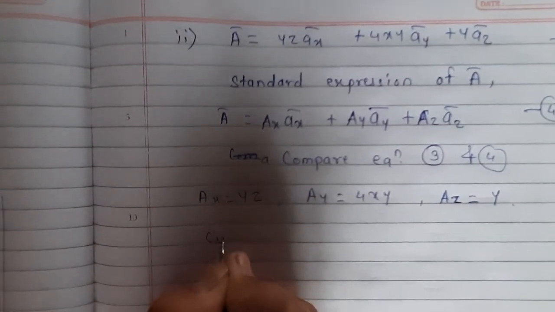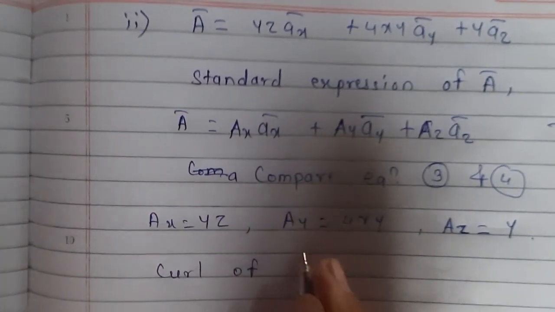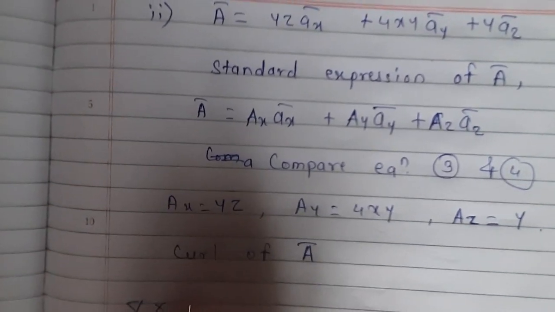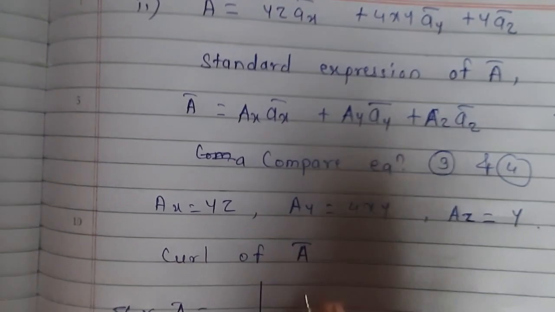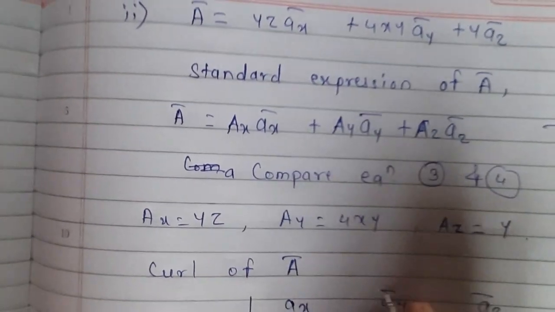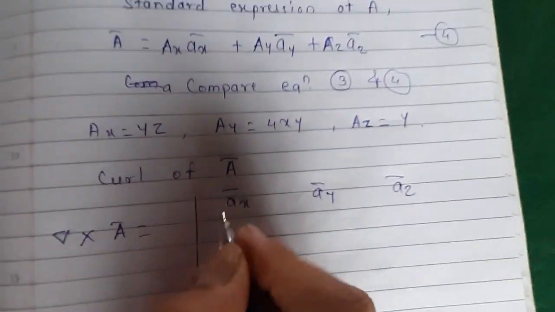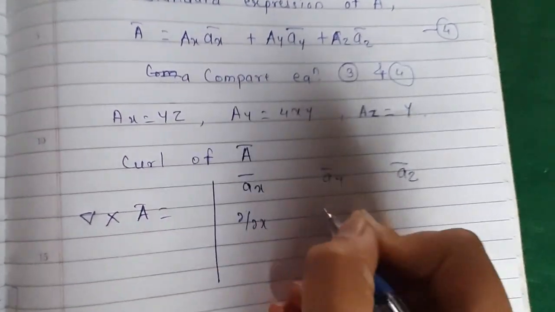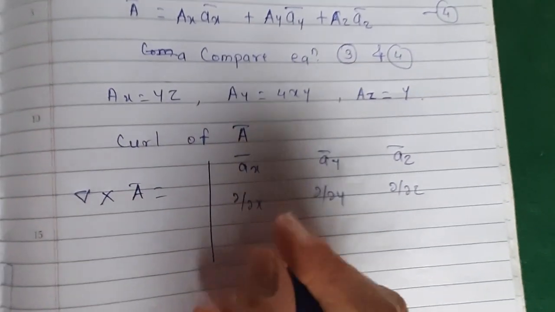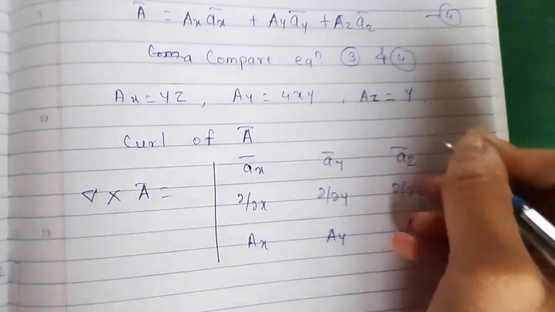Now we have the curl of a bar. It is delta cross a bar is equal to determinant of ax ay az bar. Here it is d by dx, d by dy and d by dz, and the values of ax, ay and az.